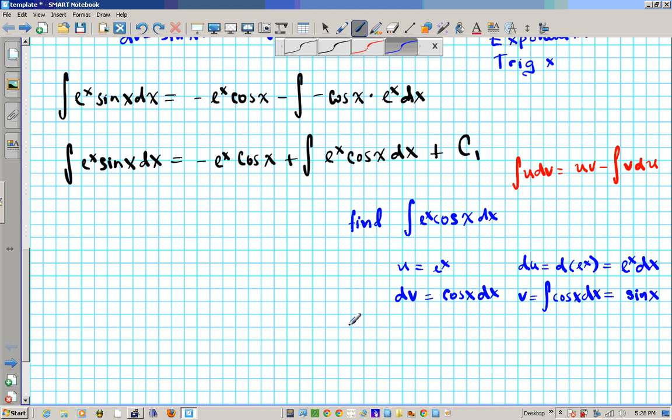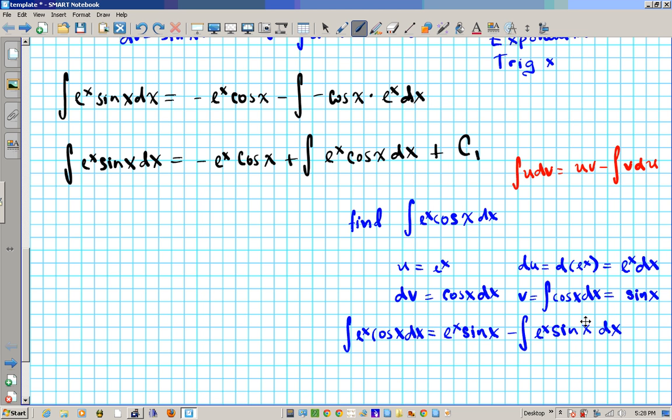So this piece right here, the antiderivative of e to the x cosine x dx, is basically going to be uv, which is e to the x sine x, okay, minus the antiderivative of v du, which is going to be e to the x sine x, okay, dx. Now, you see what I just did here? I just used this formula just for this portion. Focus just on the blue area right here, okay?